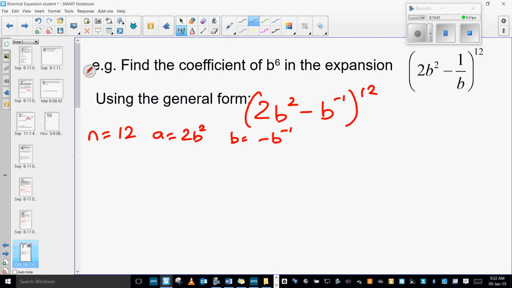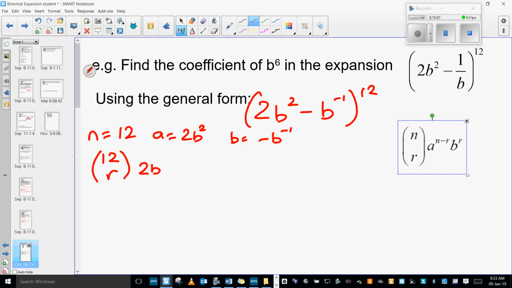We use our general formula. So we're using our nCr a to the n minus r, so that's 12Cr, 2b squared to the power of 12 minus r, negative b to the negative 1 to the power of r.